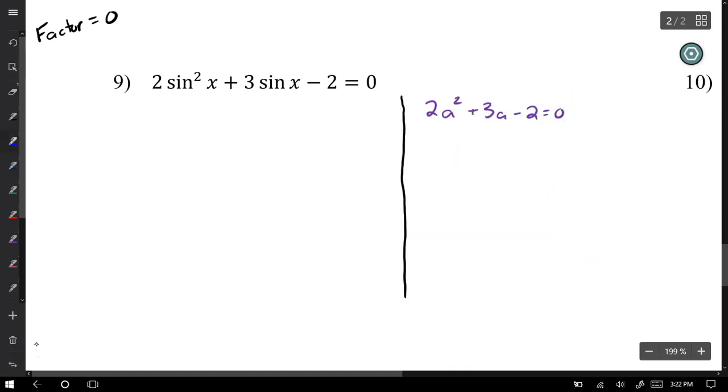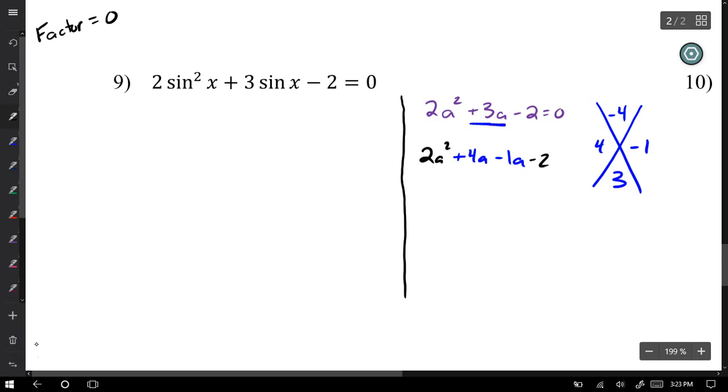In this case, you have your AC method of factoring. You would do a times c, and I would get negative 4. So what numbers multiply to negative 4 and add to 3? In that case, I'm going to have 4 and negative 1. So what we do with the a is you would split this 3a into 4a minus 1a, and you would leave this 2a squared.